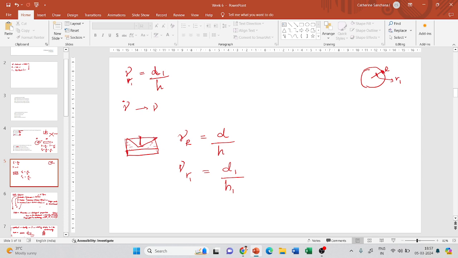The change in the strain with respect to the radius is compensated by the change in the strain with respect to the height. So in that case, your strain rate will be constant with radius. I hope this is clear.